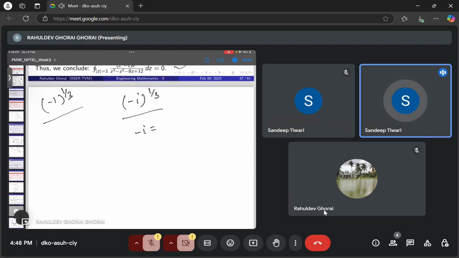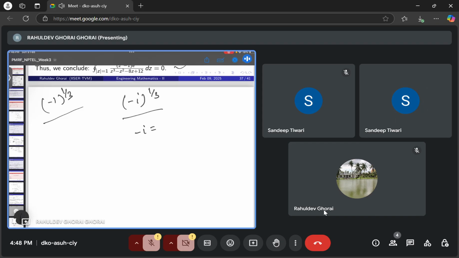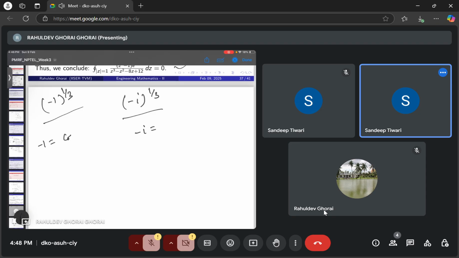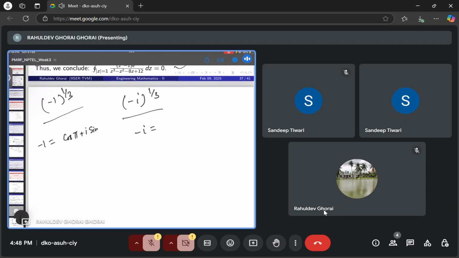Then z cubed is equal to minus one, and minus one can be written as cos pi plus i sin pi, which is equal to z cube.